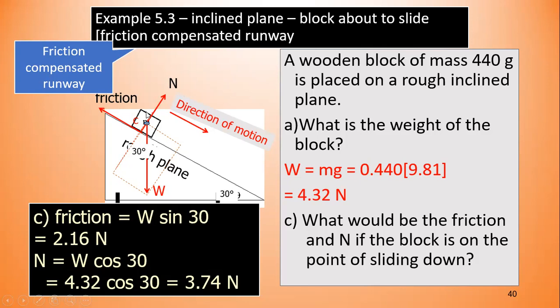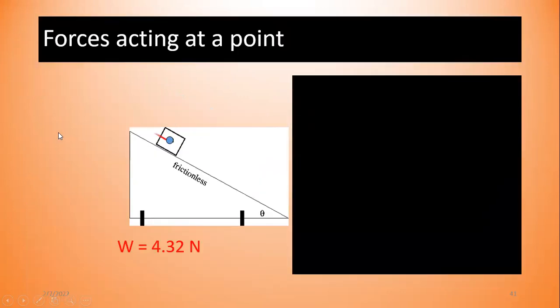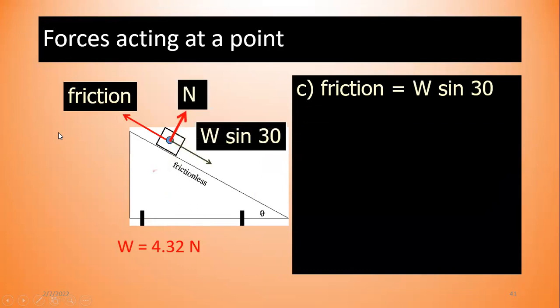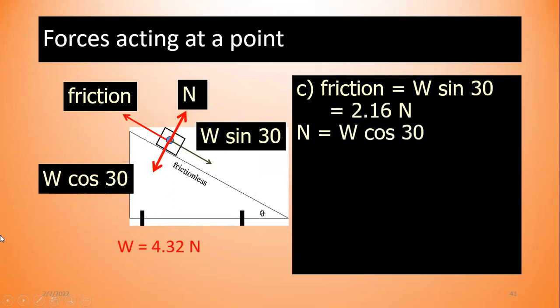And the normal reaction must equal the component of the weight perpendicular to the plane, W cos 30. Or replace the weight with its components: there's N, there's W sin 30, there's W cos 30. Same thing.